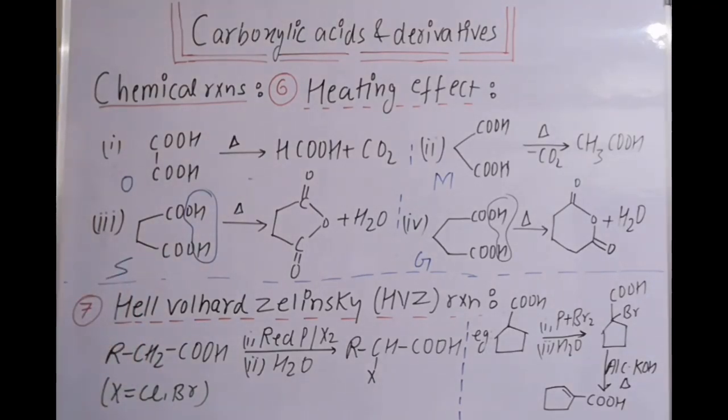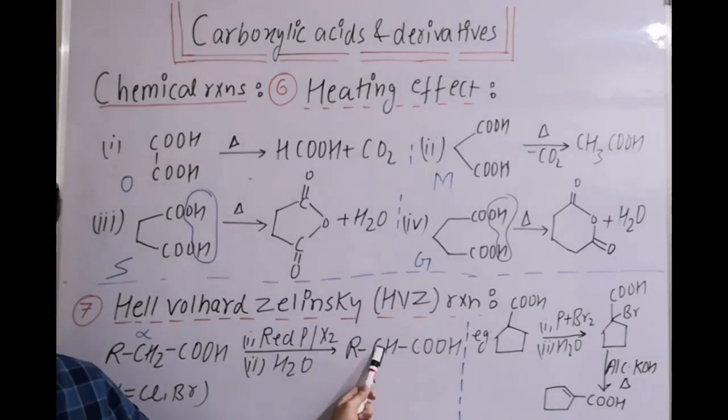Next reaction is Hell-Volhard-Zelinsky, that is the HVZ reaction. It is an important name reaction of this chapter, which is basically alpha halogenation. So in this case, the carboxylic group, this is the alpha position, with red phosphorus and X2, that can be Br2, that can be Cl2, and second, at the end, we do hydrolysis by adding water. It gives one halogen substituted at the alpha position.